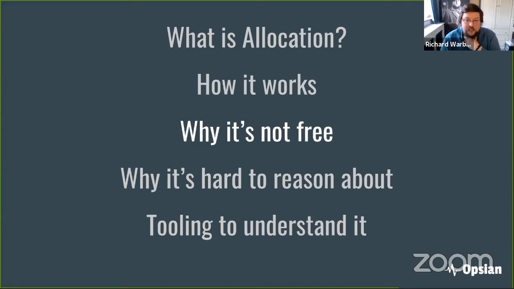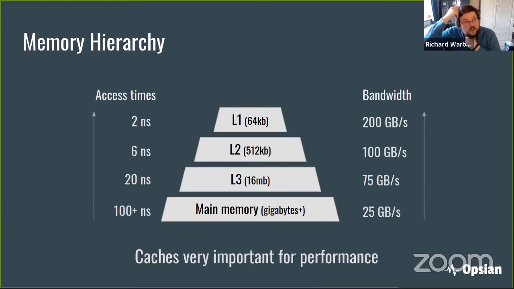So firstly, in order to understand why that's not the case, we need to take a look at the memory hierarchy within your hardware. Now, the memory hierarchy consists of a series of levels, and the further up the memory hierarchy you are, the faster the memory is. And the lower down the memory hierarchy, the larger the memory is.